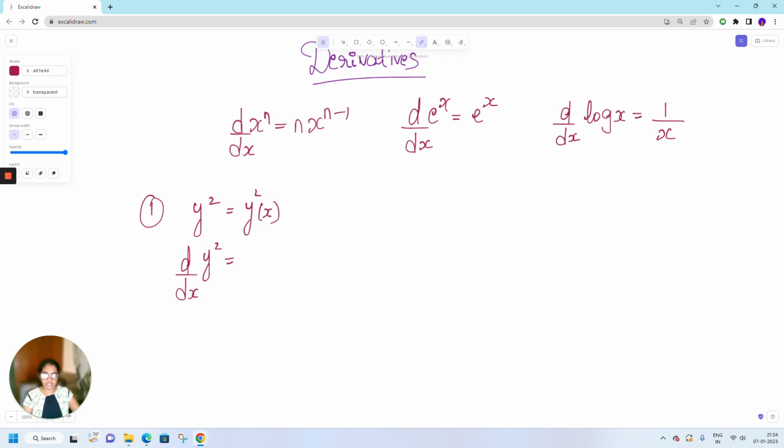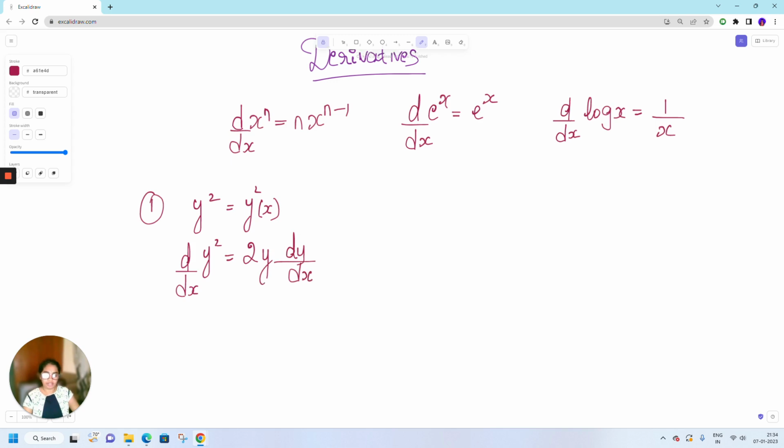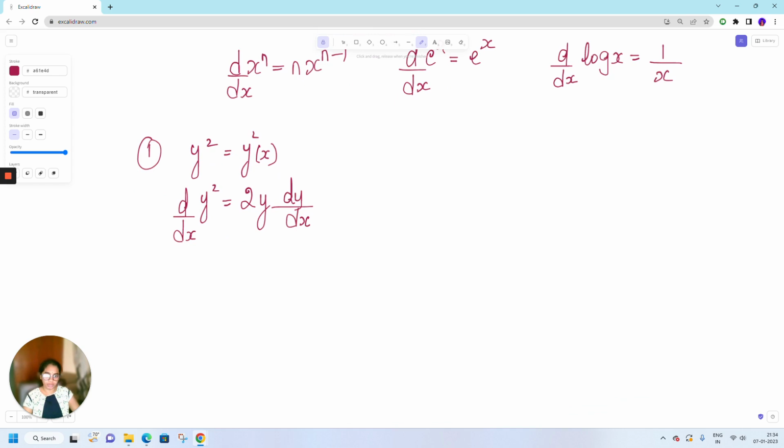Since y is a function of x, I can differentiate this. The differentiation of this would be 2y into dy by dx. Why? We are showing that y is a function of x, and we have differentiated y with respect to x. If we differentiate y with respect to y, d by dy of y square would be 2y. That's it.